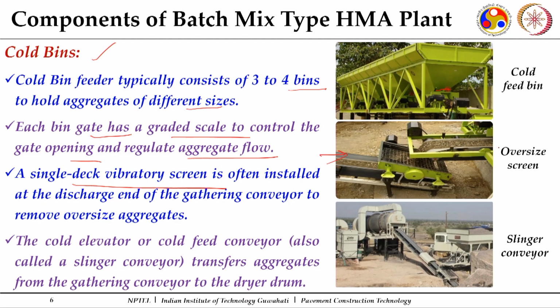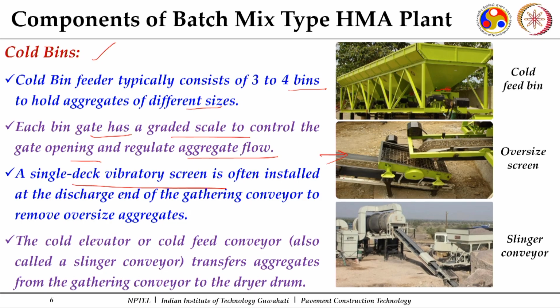Here you can see the gathering conveyor has come and transfers the material through this single deck vibratory screen. Specifically this is installed to separate out any large size particles which are by mistake present in the different aggregates we are using. So we separate those oversized aggregates with this vibratory screen.